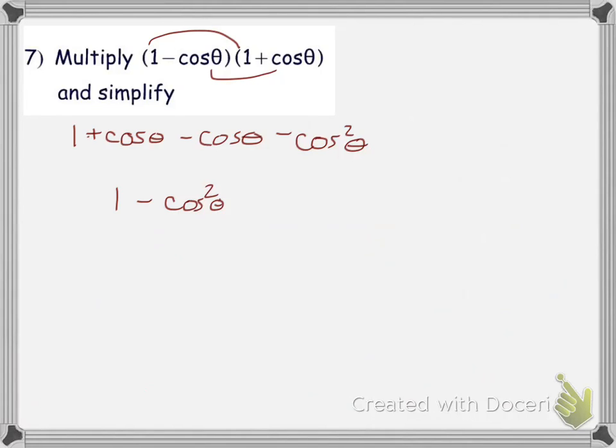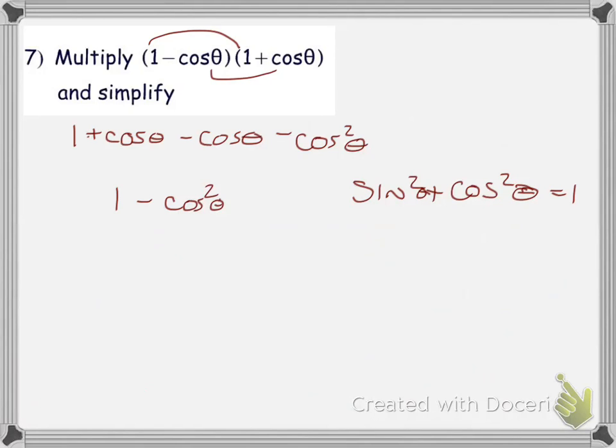And which Pythagorean identity can I refer this to is sine squared theta plus cosine squared is equal to 1.